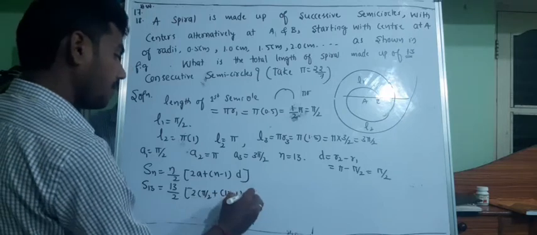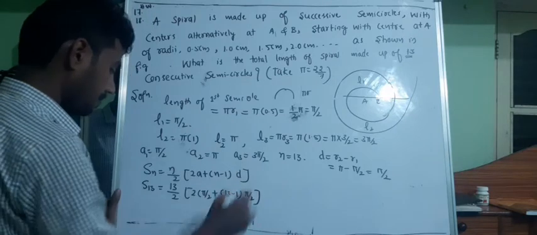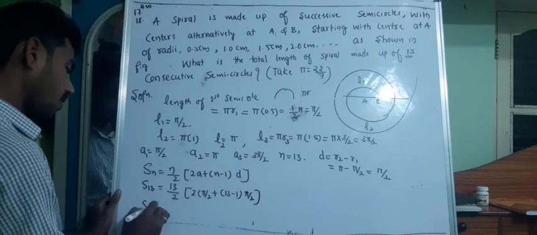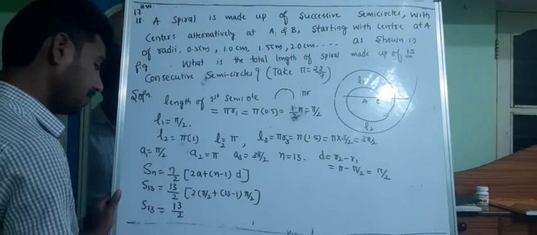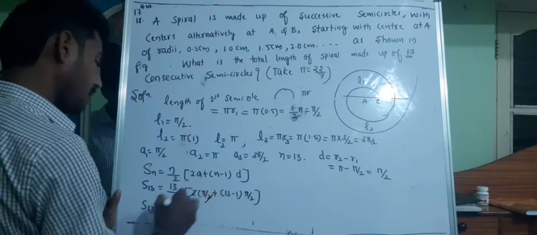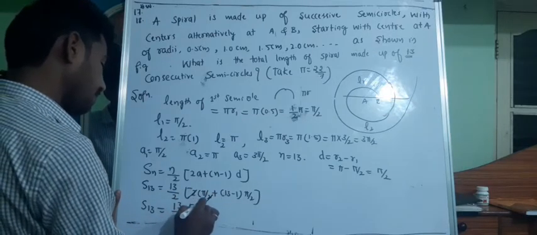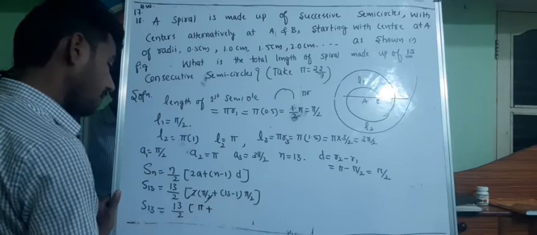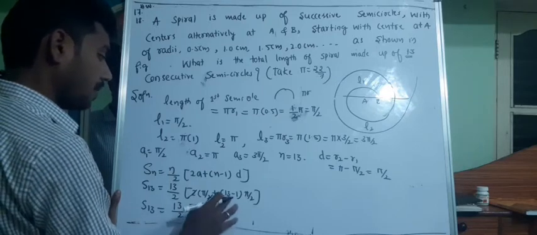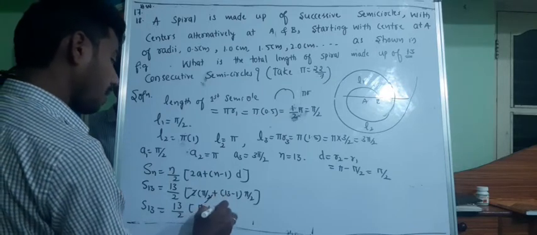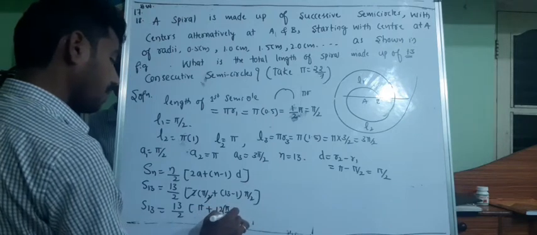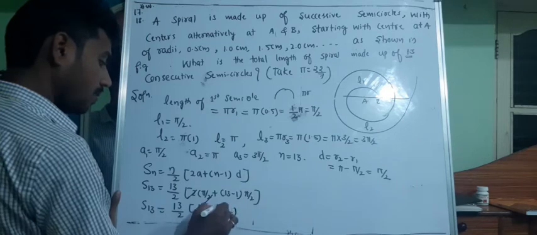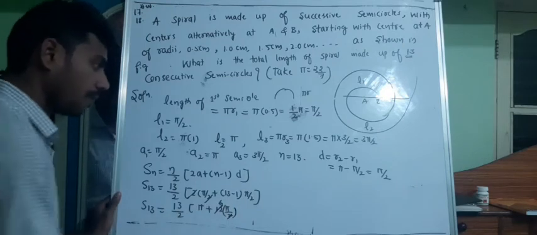D is nothing but pi by 2. So S13 is equal to 13 divided by 2. These two will get cancelled. Pi plus 13 minus 1, which is 12, 12 pi divided by 2, which is 6 pi.